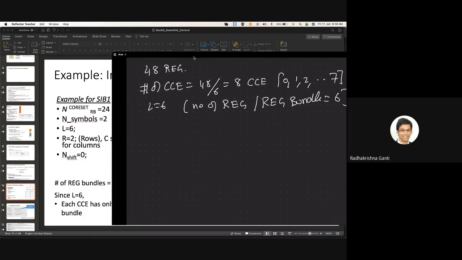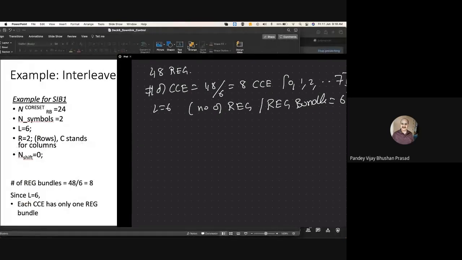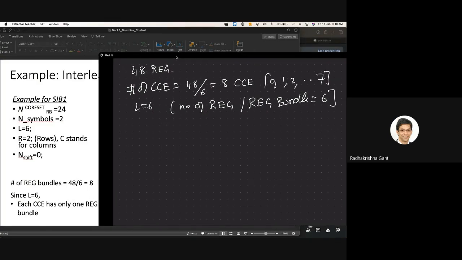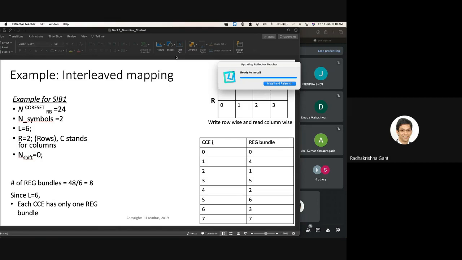Sir, your iPad screen is not fully visible. Yeah, sorry. I'll write it small. Why is it switching off?